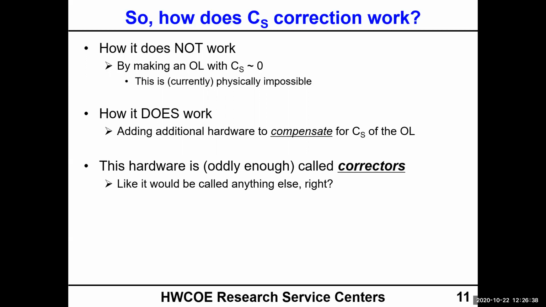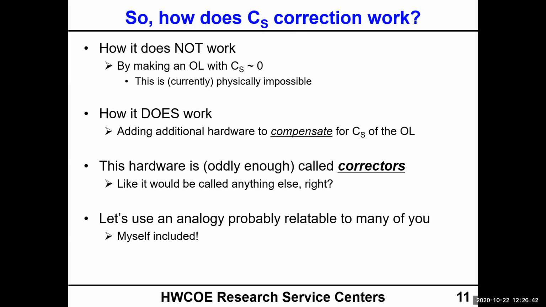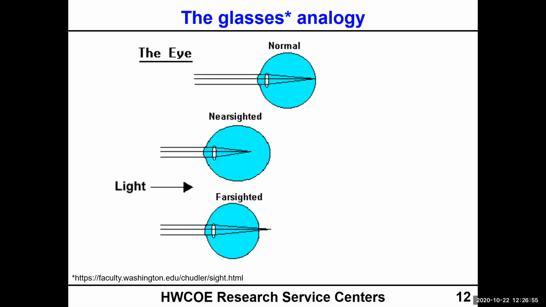Obviously. Okay, so I'm going to use an analogy for this, which is relatable to many of you, and that is glasses or contact lenses. Okay, so glasses kind of function the same way that correctors do, although they don't correct the same defect, but the basic idea is the same. So the glasses analogy, maybe some of you are familiar with this, right?